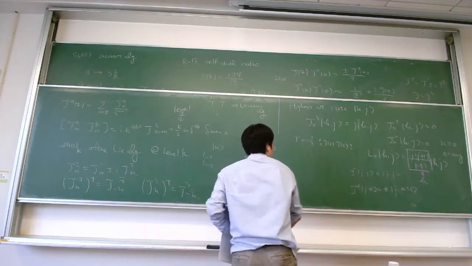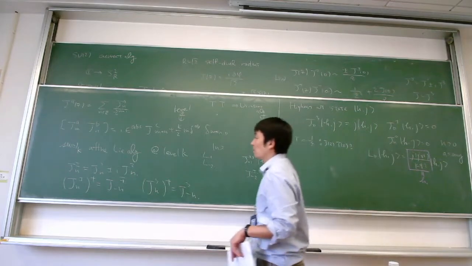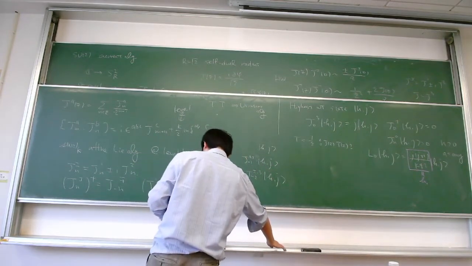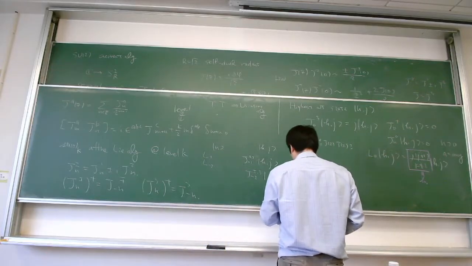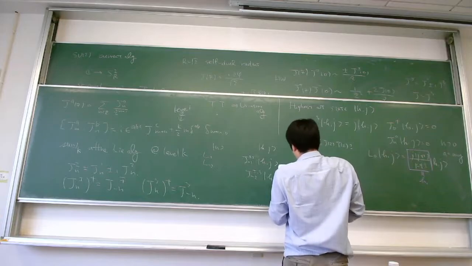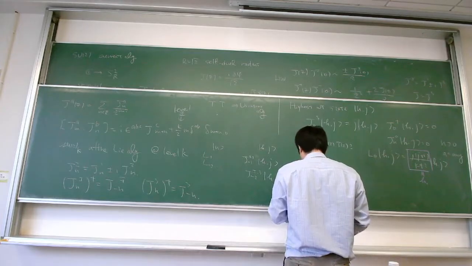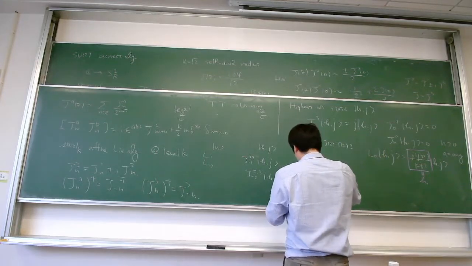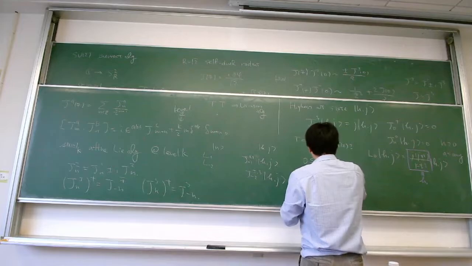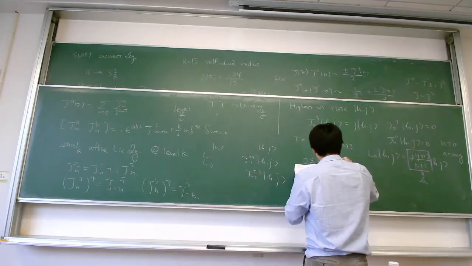And then, if you use the Hermitian condition, unitarity, we can show that... just a moment. Okay, so consider <0| greater than H j.